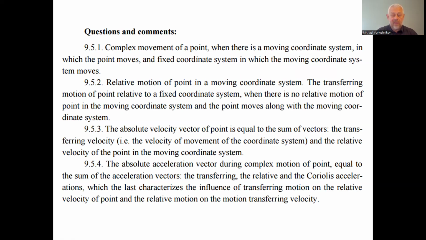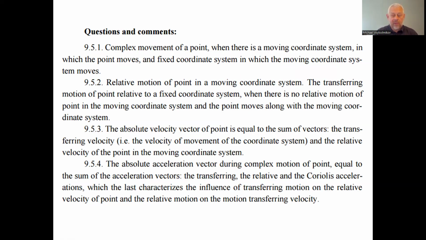The movement of the moving coordinate system within the fixed one is the transfer motion. And besides, the point moves in the moving coordinate system, that is, it is the relative motion of the point.